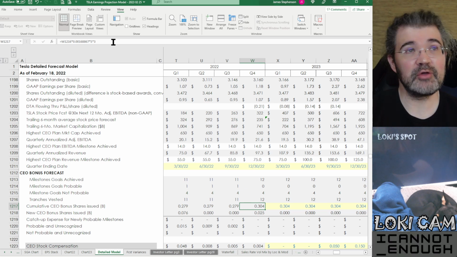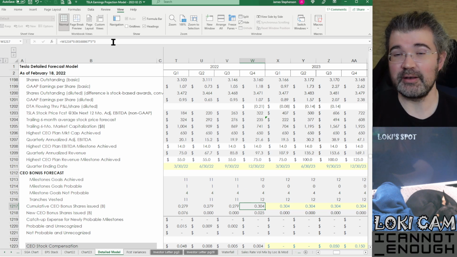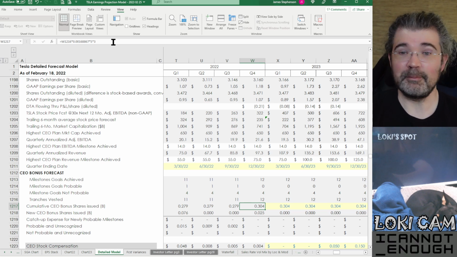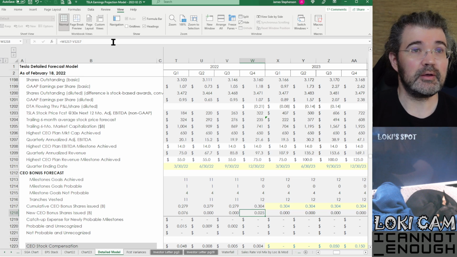So after adjusting for the 5-for-1 split and the 3-for-1 split, that's a total of 304 million shares that Elon can buy.